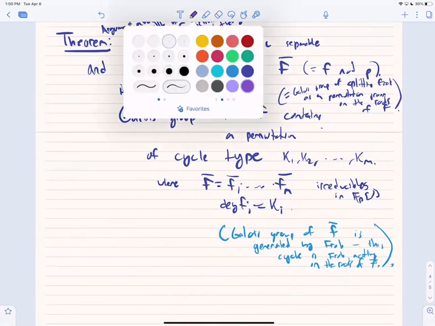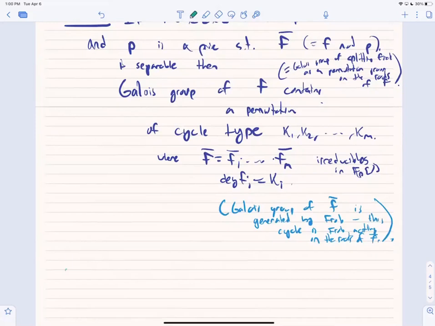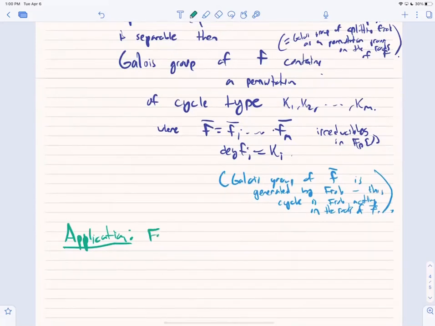So, an application of this result. For every n, there exists a degree n polynomial f.